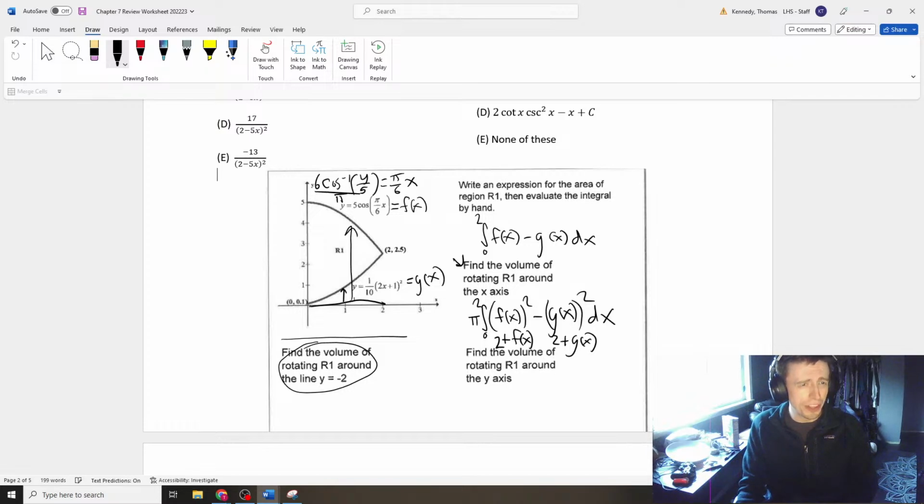It's this awful thing. That is what x equals. And then down here, multiply 10 to the other side, square root. So the square root of 10y equals 2x plus 1. And then we just subtract 1 and divide by 2. So it's the square root of 10y minus 1 over 2.